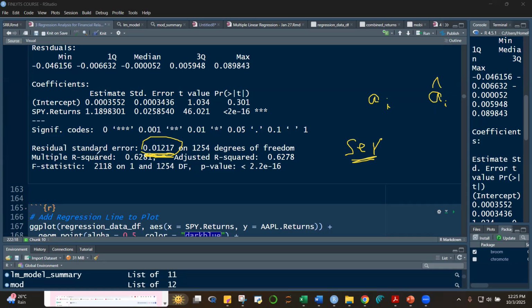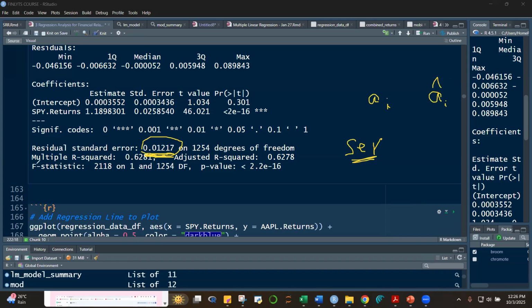The standard error of the residuals is just like a standard deviation. Remember, your standard deviation measures the average distance between your actual X value and the mean of the X.